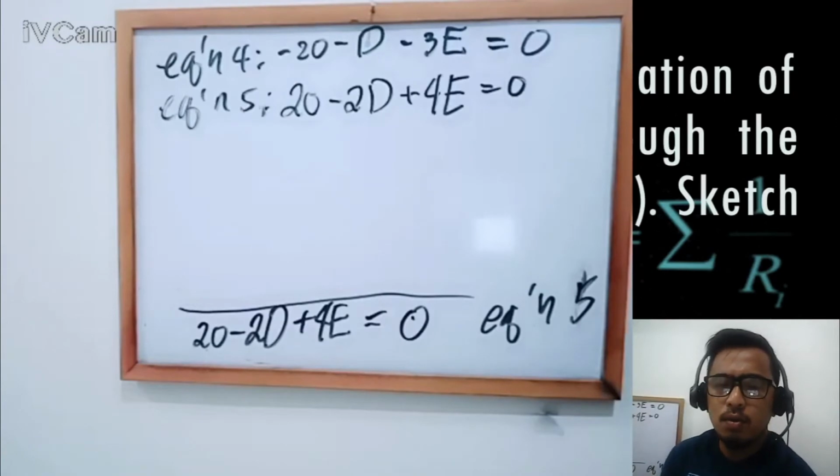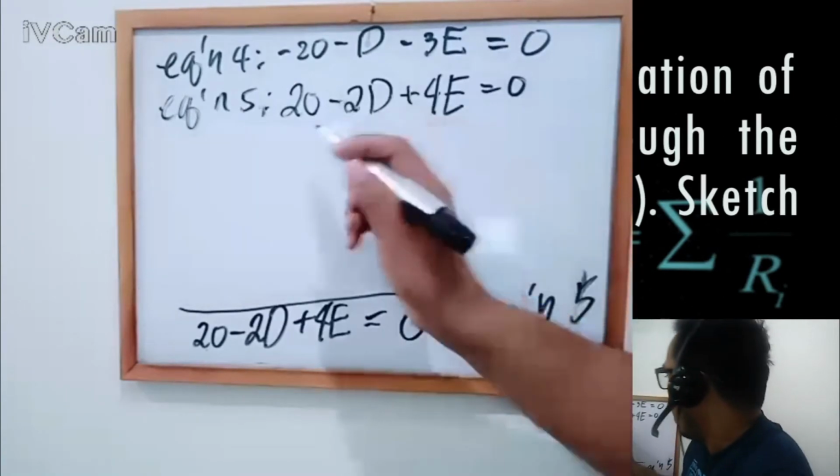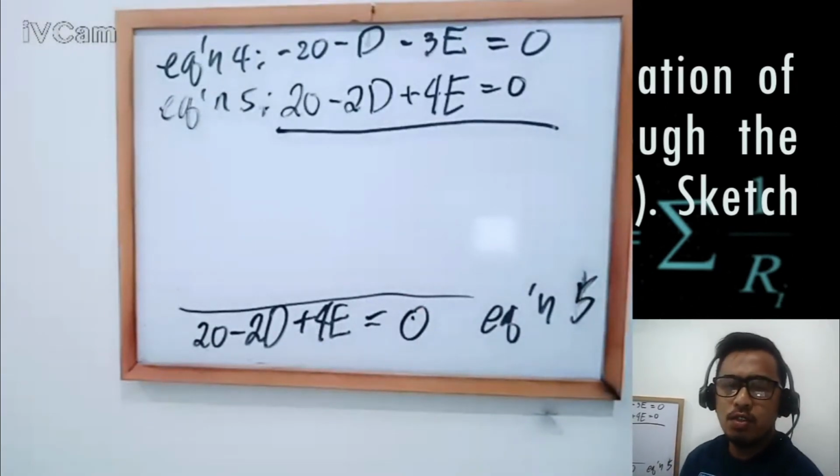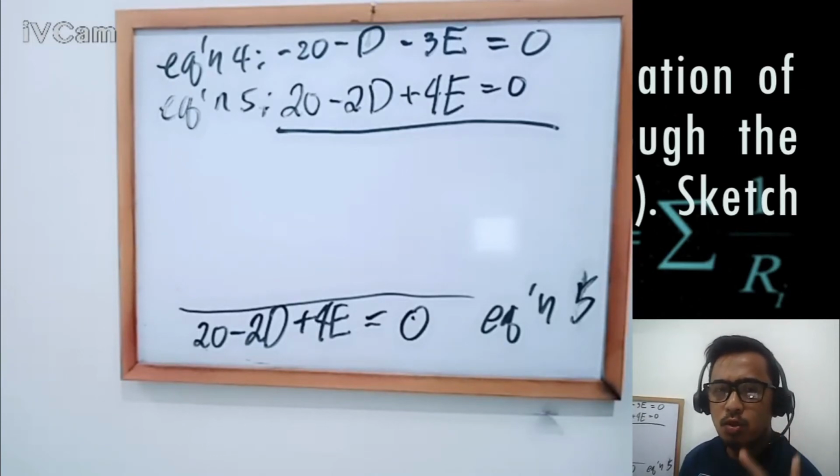So now we will eliminate one of the unknowns. There are a lot of ways of finding the unknowns d and e. Remember, in systems of equations having two unknowns, you may use elimination, substitution, Cramer's rule, or the Gaussian elimination.